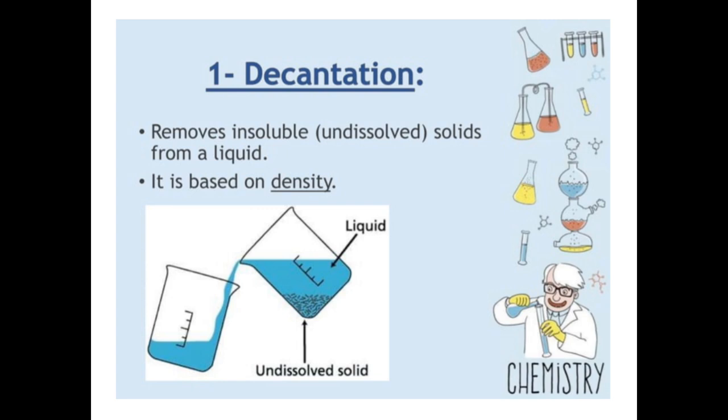Number one is decantation. Decantation is used to remove an insoluble solid from a liquid that separates into two layers on standing. Again, decantation is used to remove an insoluble or undissolved solid from a liquid that separates into two layers on standing, and the property we use to separate them is their density.